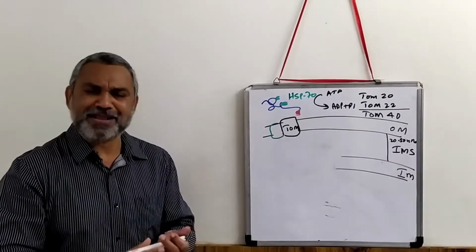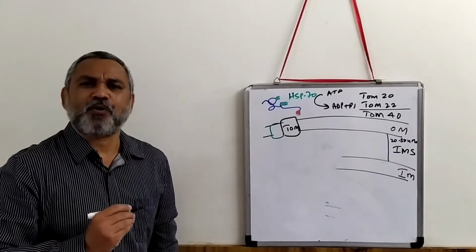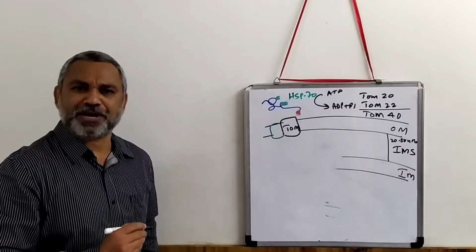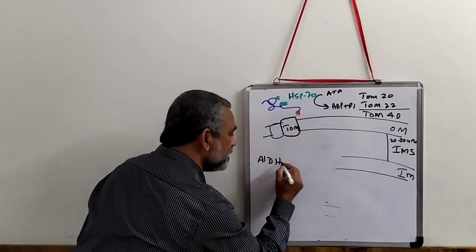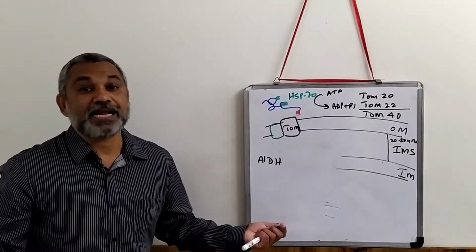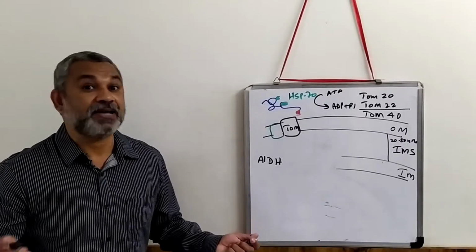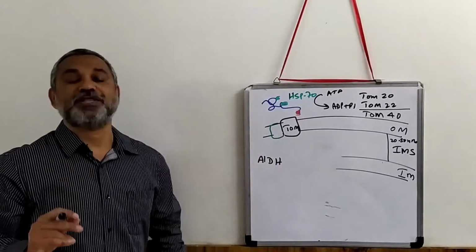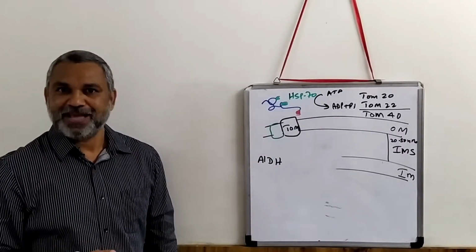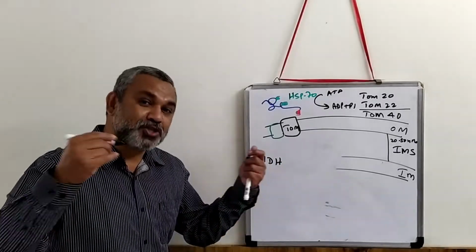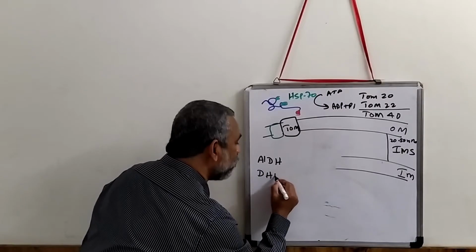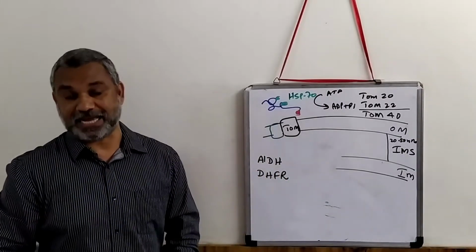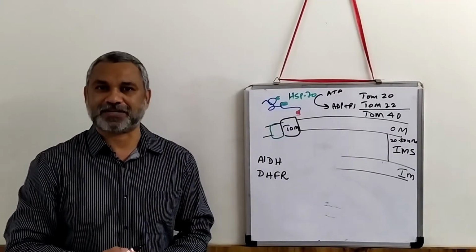There is a protein meant for the mitochondrial matrix, alcohol dehydrogenase. We know that alcohol dehydrogenase has the signal meant for the mitochondrial matrix. There is another protein which is supposed to be in the cytoplasm, the dihydrofolate reductase enzyme, DHFR.